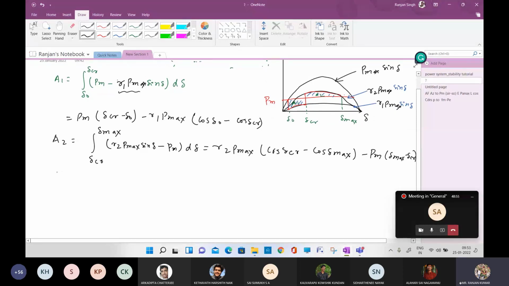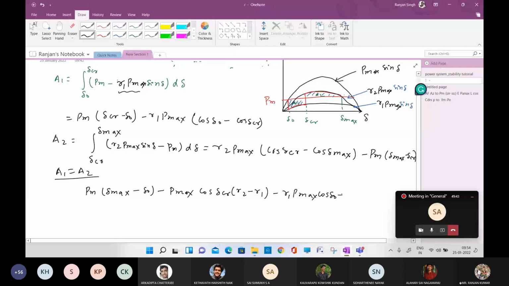From the equal area criteria, if you set area 1 equal to area 2, then it comes to Pm (del max minus del naught). Taking Pm common, and P max also here, minus P max of del CR (r2 minus r1), minus r1 P max cos del naught plus r2 P max cos del max equal to 0.